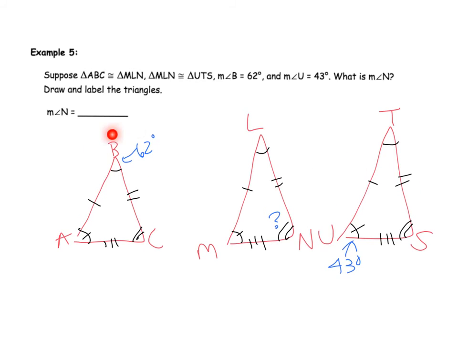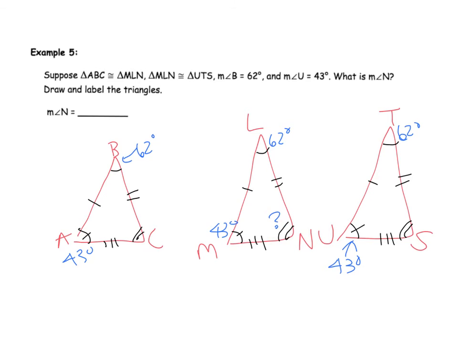So what we're given then is that angle B is 62 degrees. So then it would be fair for you to say, since all 3 triangles are congruent, the angle L is also 62 degrees and angle T is also 62 degrees. And then they also tell us that angle U is 43 degrees, which would mean that M is 43 degrees and A would have to be 43 degrees. And the question is, what is angle N then?